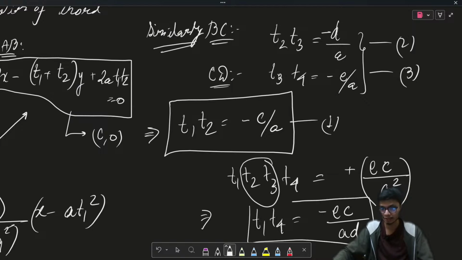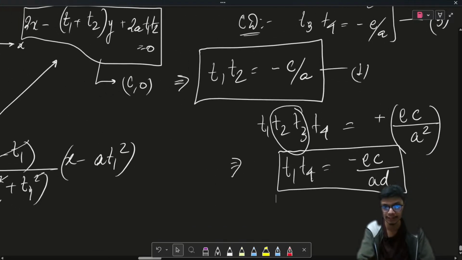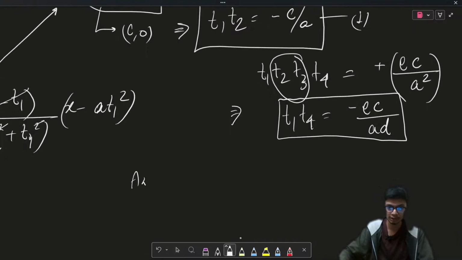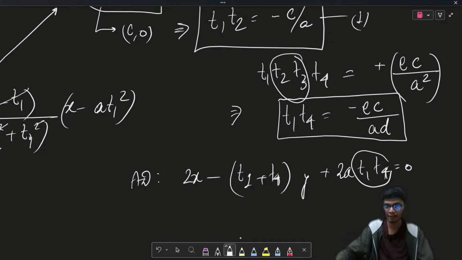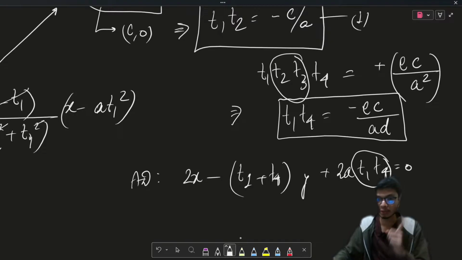Therefore, this particular t1 t4, which is in the equation of the chord AD, should come out as minus of ec by d. That basically means that it passes through one fixed point whose coordinate is minus ec upon d comma 0.